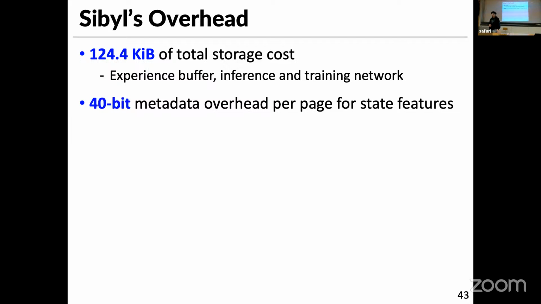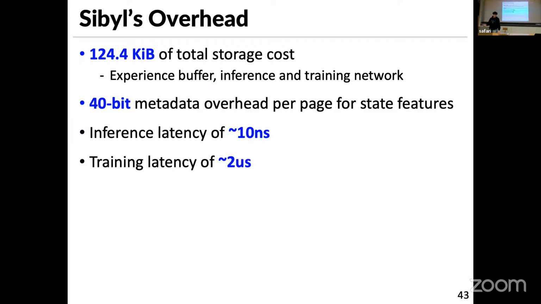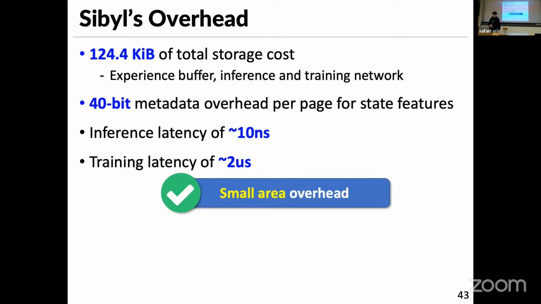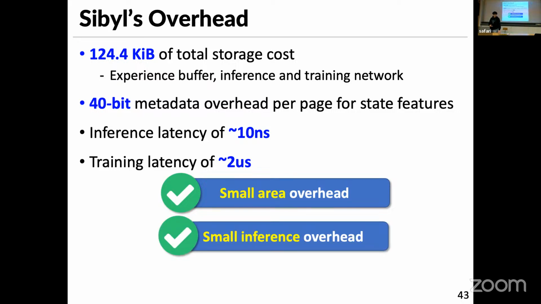You have a 40-bit metadata overhead per page for state features. And you have an inference latency of 10 nanoseconds. You have a training latency of 10 microseconds. And so you can notice, as for the area overhead, it's very small, and for modern systems, rather negligible. There's a small inference overhead.